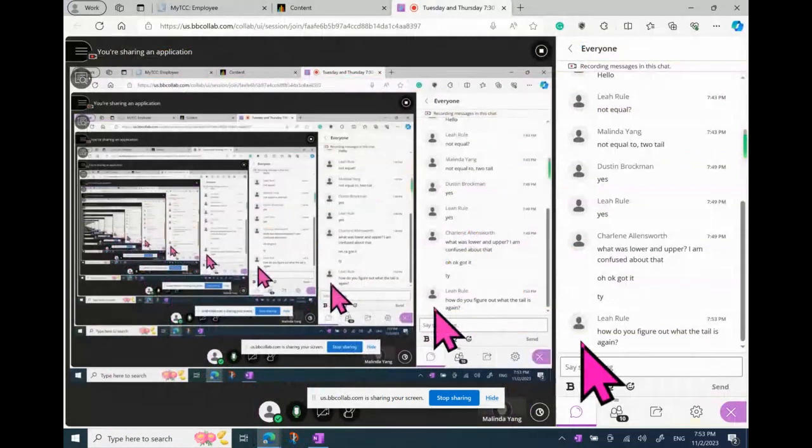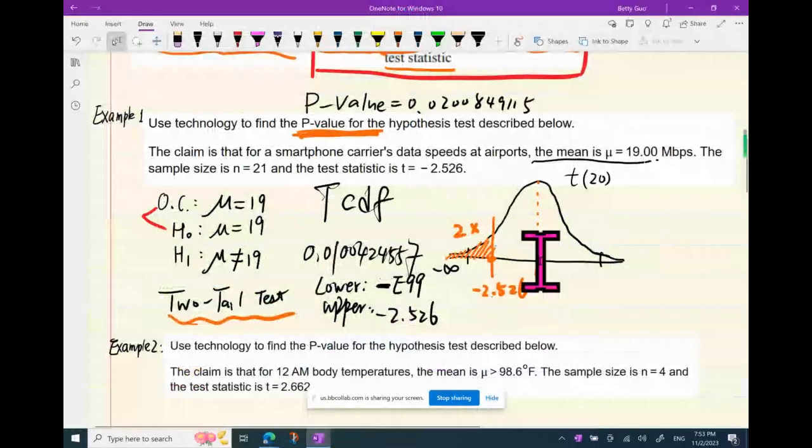How do you figure out what the tail is? Okay, that's a good question. To figure out what type of test, left tail, right tail, or two tail, we look at the alternative.